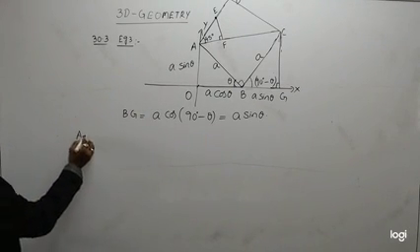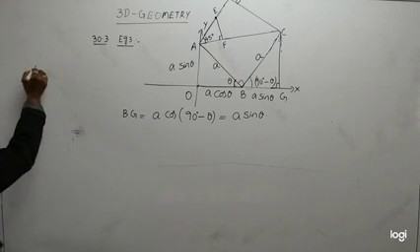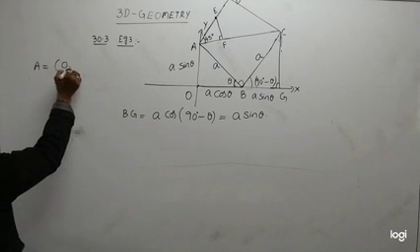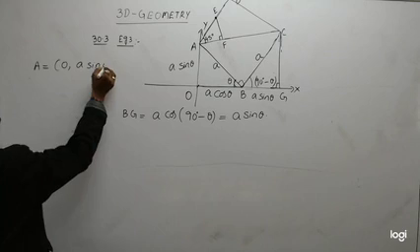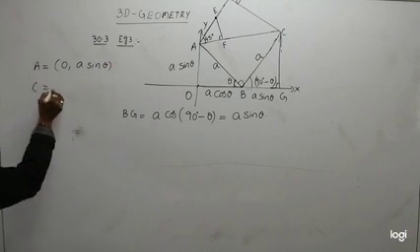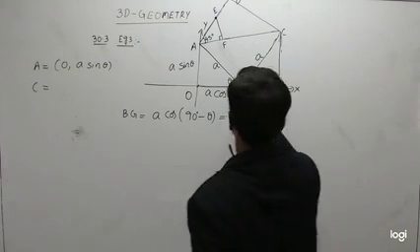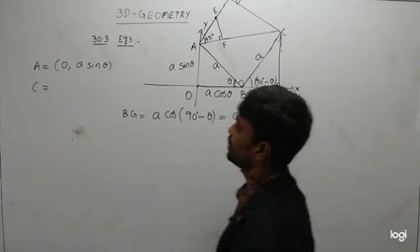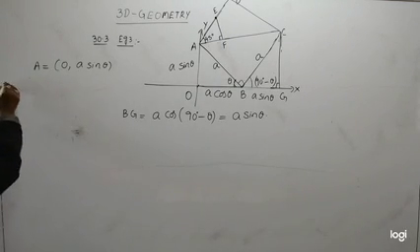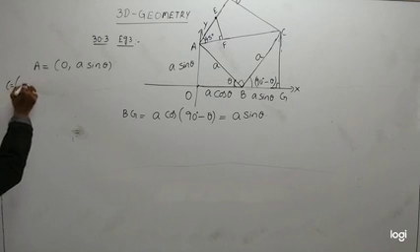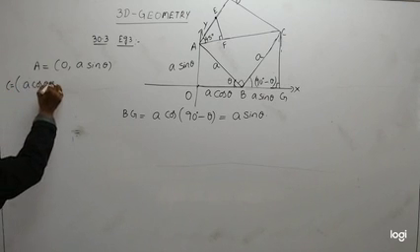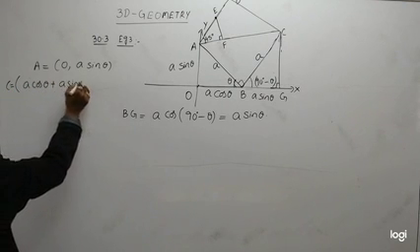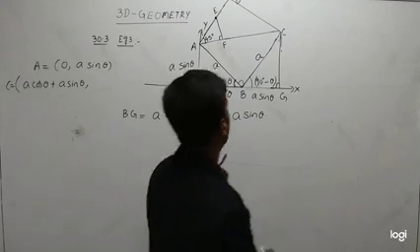Now this OA length is A sin theta and A lies on the y-axis. So the coordinates of A become 0, comma, A sin theta. And the coordinates of C: this OG length becomes A cos theta plus A sin theta, which is the x coordinate of C. Comma, what is the y coordinate of C?